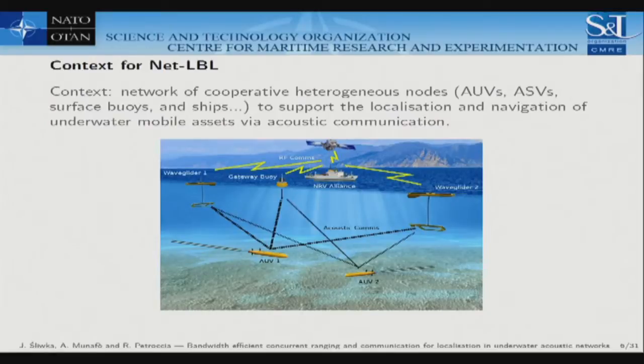Well, that's basically the story. The AUVs communicate with the surface vehicles, even between themselves. They measure the ranges, the bearings, and they localize themselves. Even in extreme cases, all the assets could be underwater for a while, and they could still be localizing themselves, as we've shown.